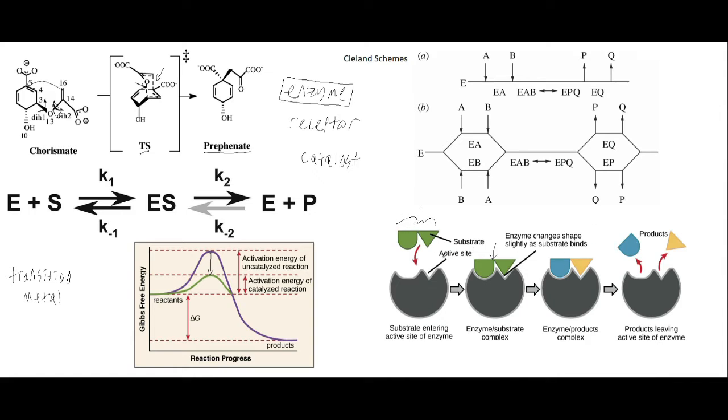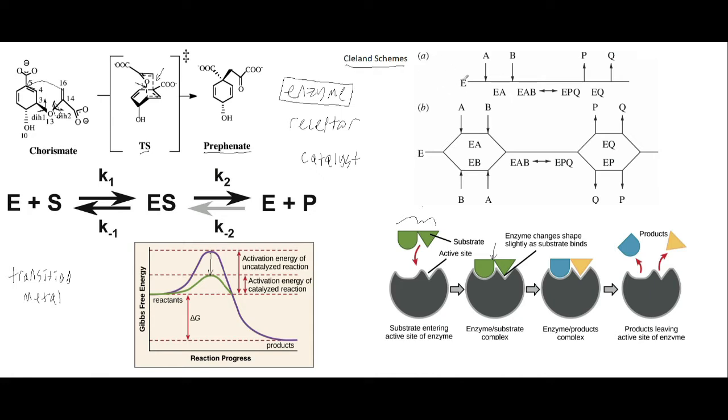It can take two things and turn it into one, or it can do this, which is just changing one molecule into a different molecule without adding or subtracting any other constituents to this molecule. And so a way we can schematize this is also in what are called Cleland schemes.